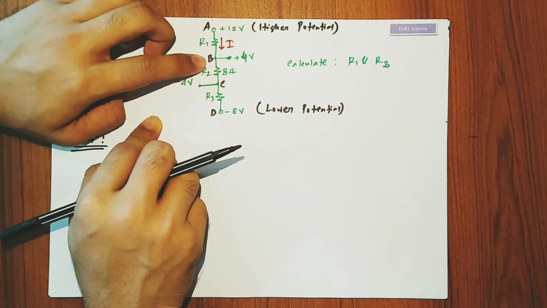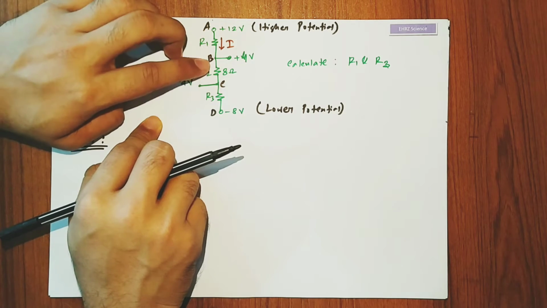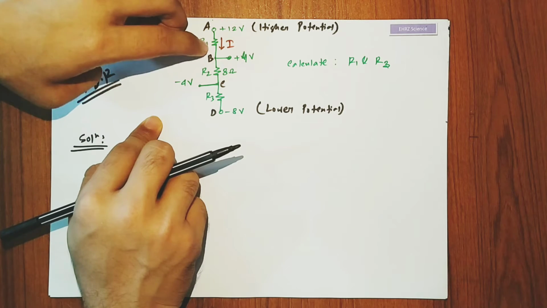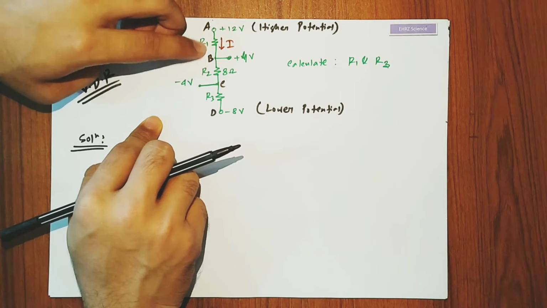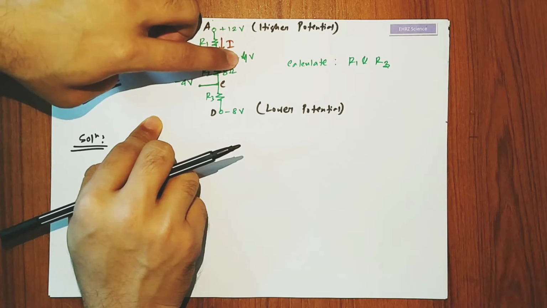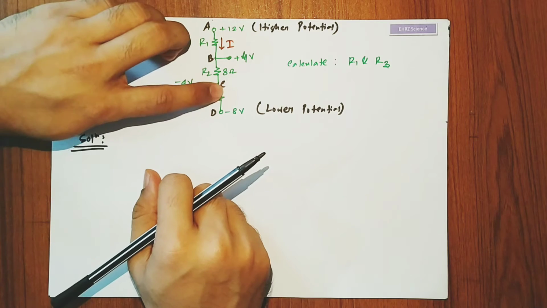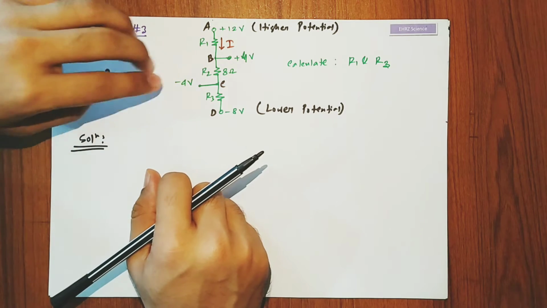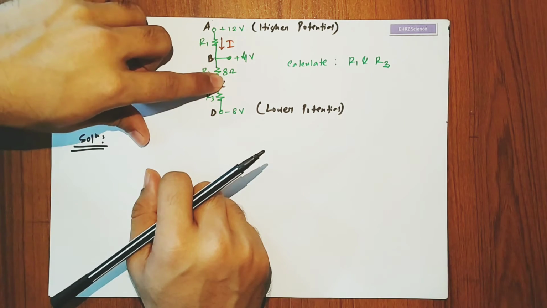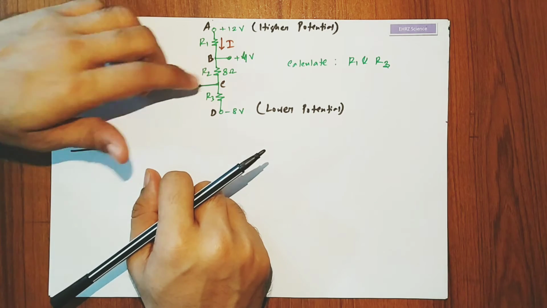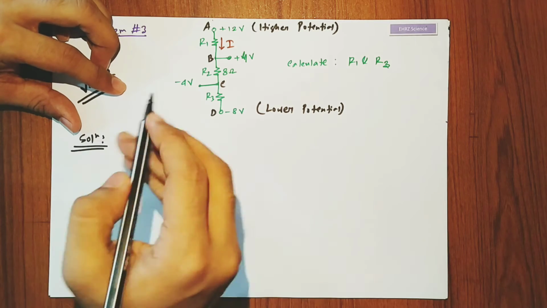Now if we go to branch BC, the potential at B is 4 volt and the potential at point C is minus 4 volt. Also the value of this resistor, 8 ohm, is given. So we can calculate the amount of current I.